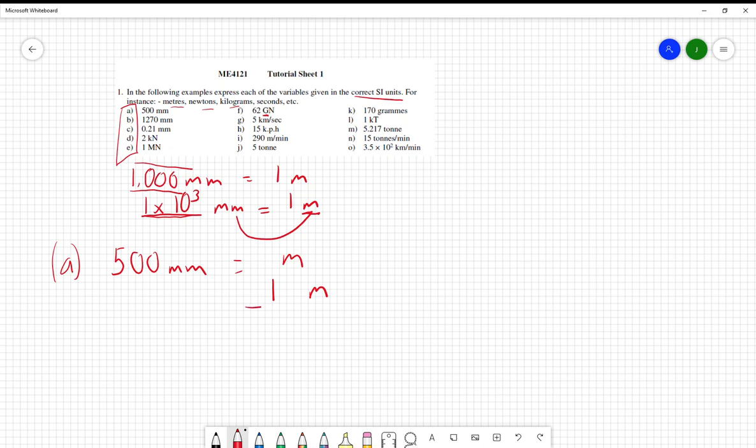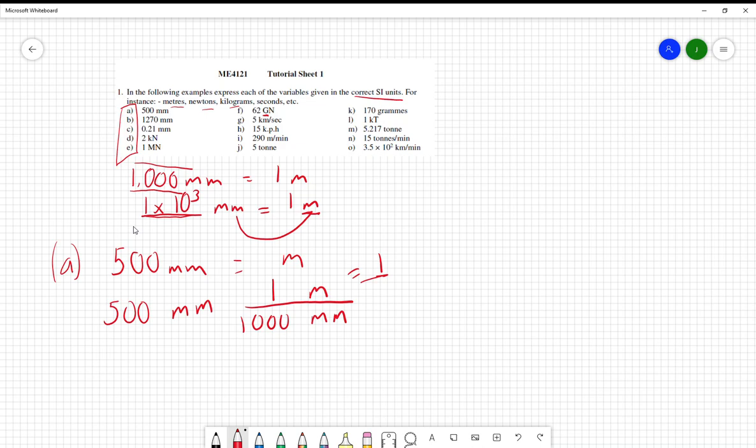If I were to divide this by 1,000 millimeters, they'll cancel each other out and effectively equal 1. So it'll do nothing. You're just multiplying by 1, which doesn't change the result. But it can help you figure out the answer. If we break this up, take this 500 millimeters.